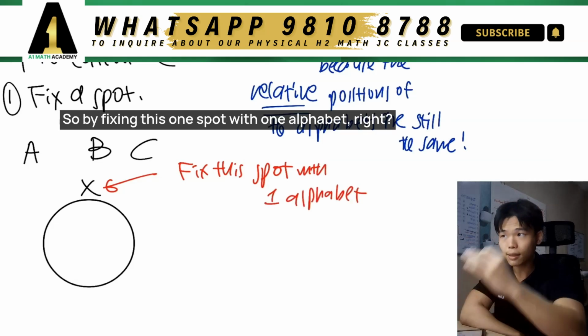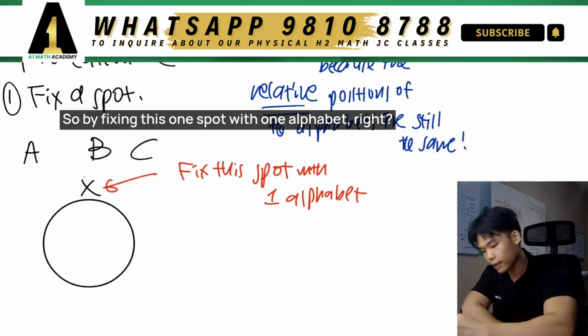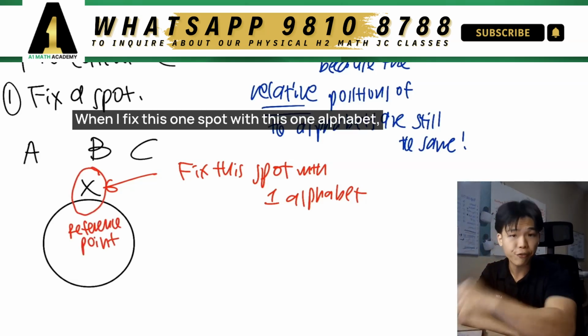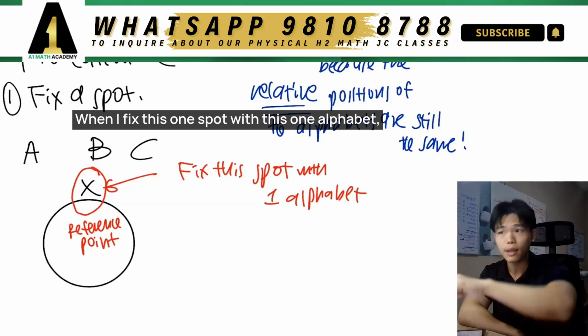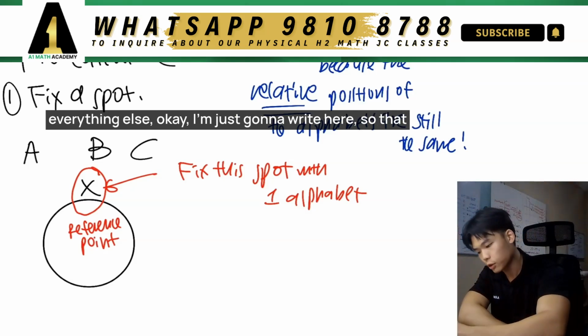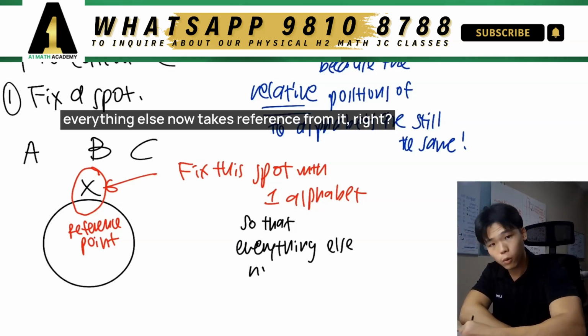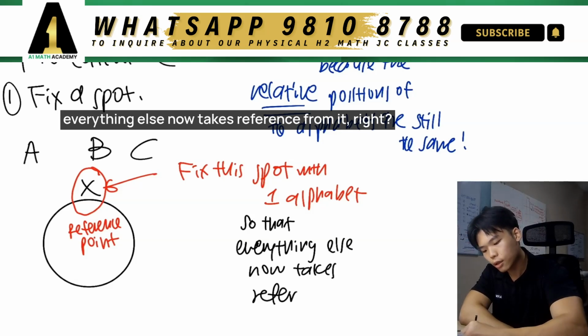By fixing this one spot with one alphabet, this becomes my reference point, so that everything else now takes reference from it.